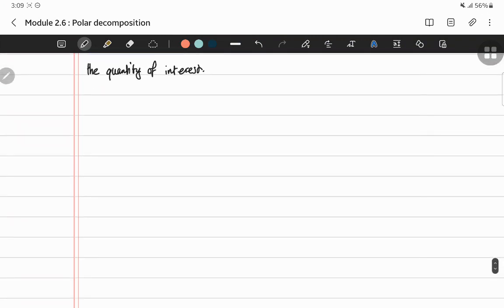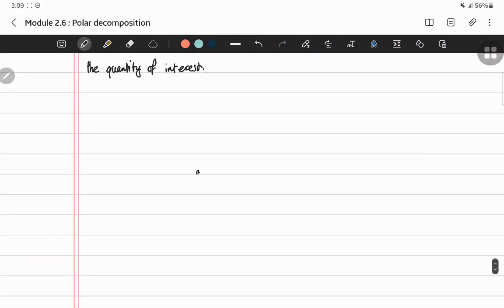For this, you can suppose you're here, and here you have a Euclidean space where you have an origin and a right-handed unit basis.